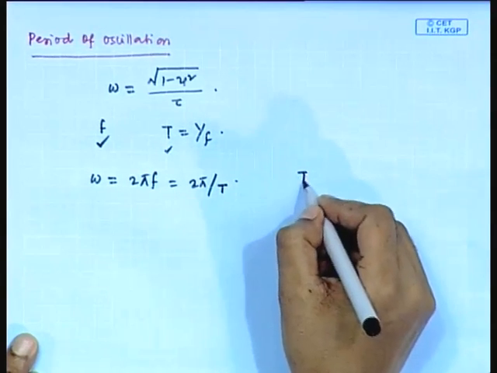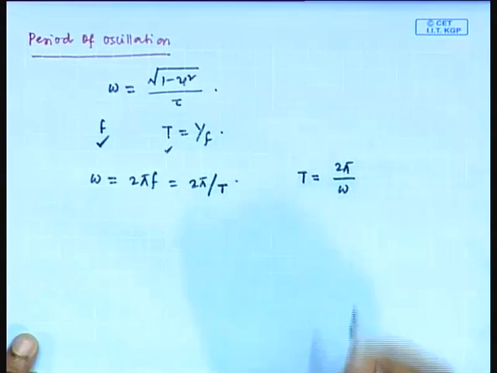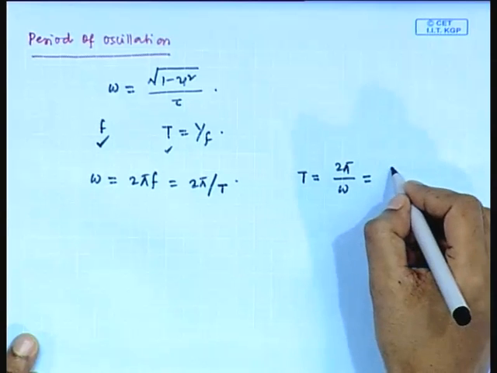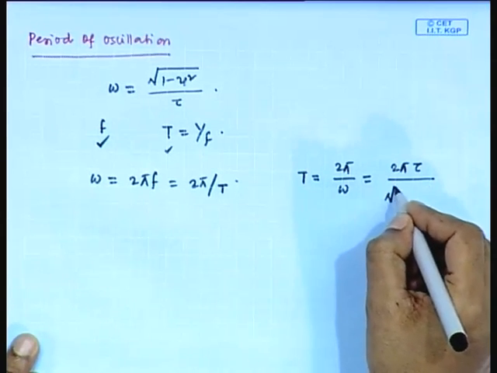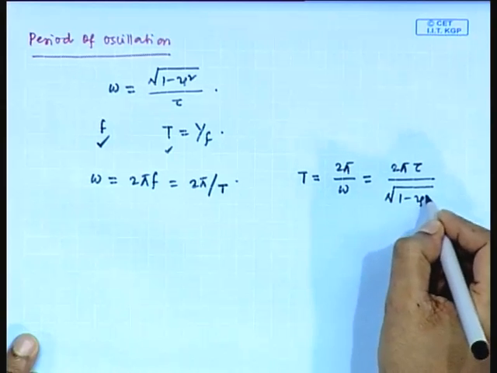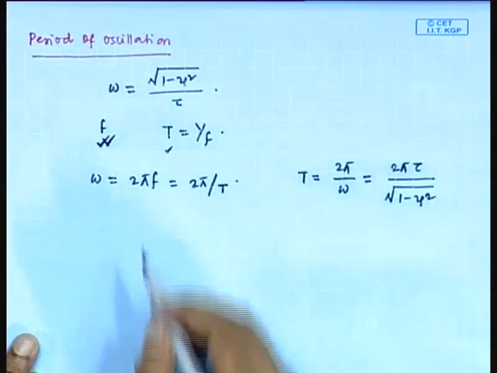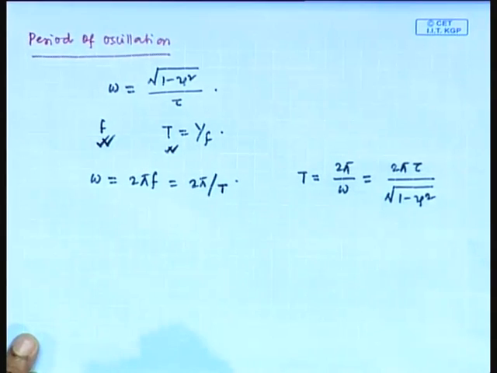So, we can write T equals 2 pi divided by omega. Substituting the expression of omega, we finally obtain 2 pi tau divided by root over of 1 minus zeta square. If f is the cyclical frequency, then we know the period equals 1 by f.